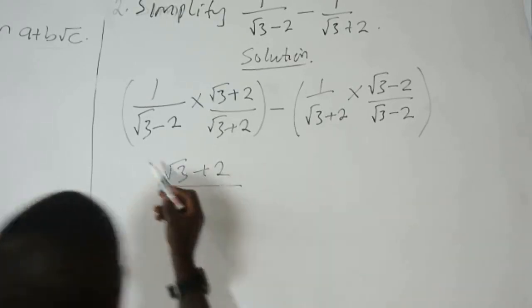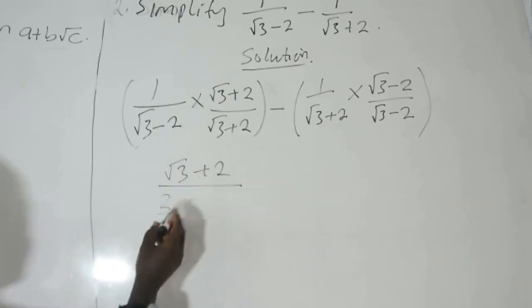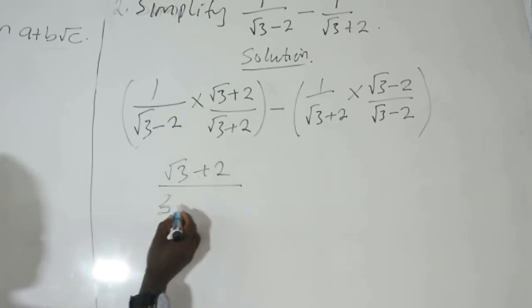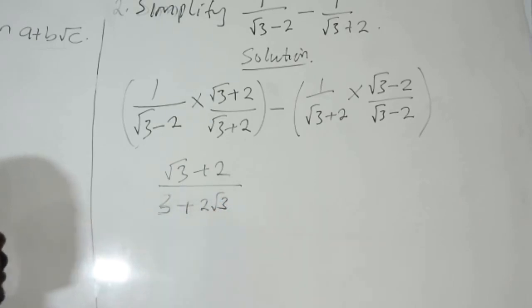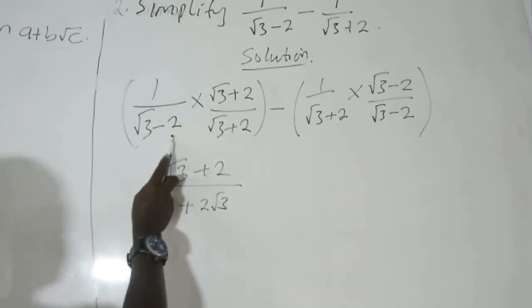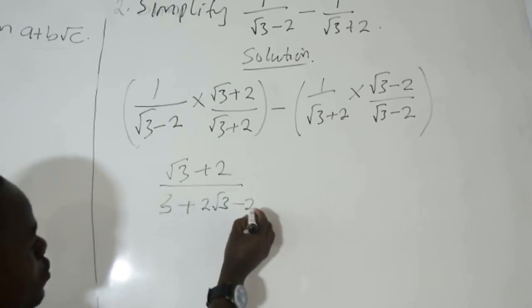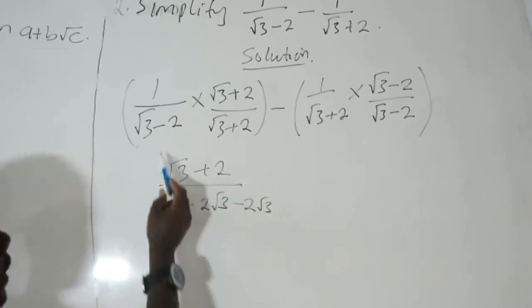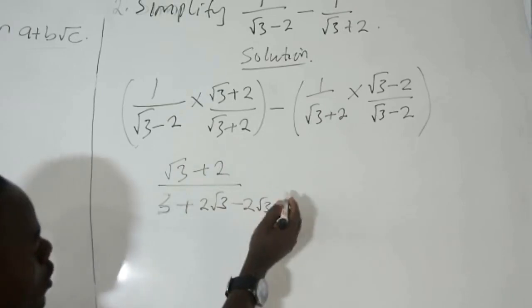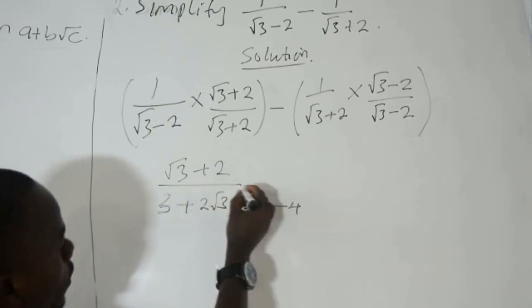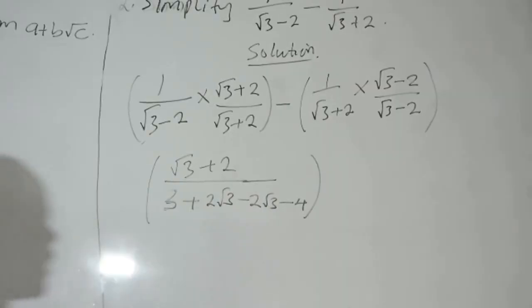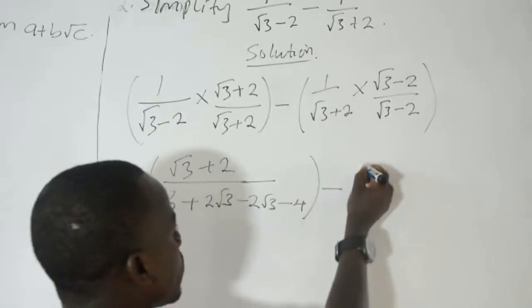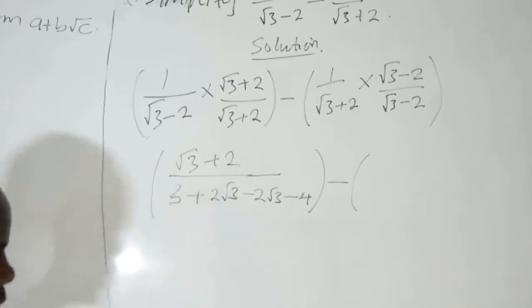Then root 3 times 2 will give us 2 root 3, and then minus 2 times root 3 will give us minus 2 root 3, and minus 2 times 2 will give us 4. Right? I'm trying to go the longer way now so that you understand our expansion of bracket.